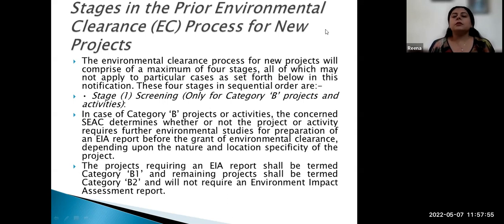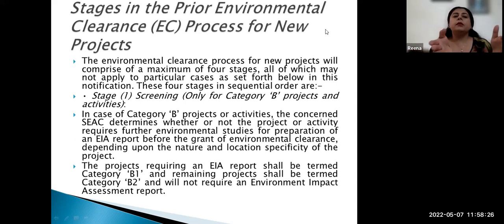That is stage one, when you determine whether your project needs environment clearance, whether it needs a comprehensive EIA or a preliminary EIA, or just a form 1A feasibility report, whether it should be in a B1 category or B2 category, because in EIA also there are two categories, B1 and B2, for mining and construction projects, which is determined by the magnitude of your project.